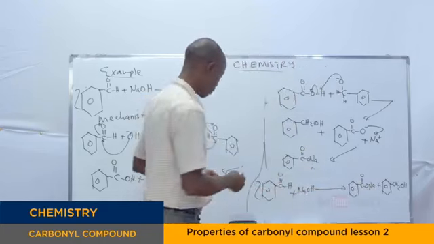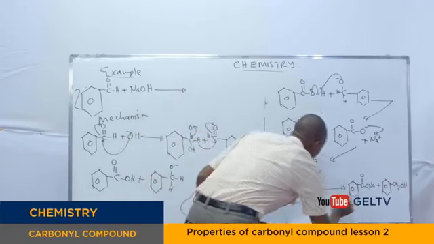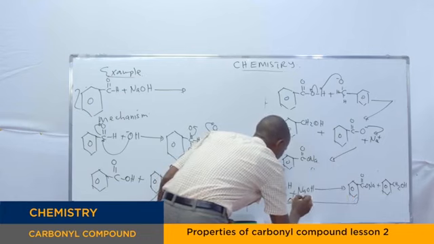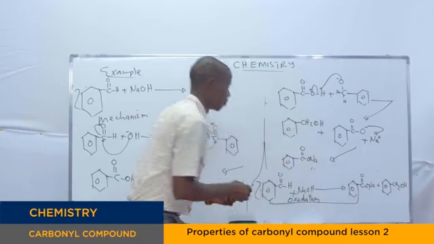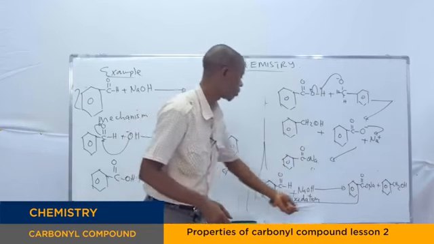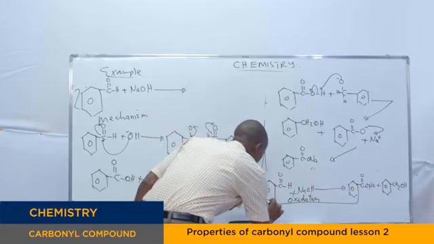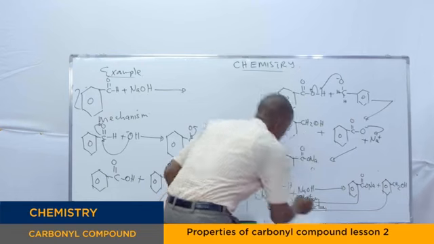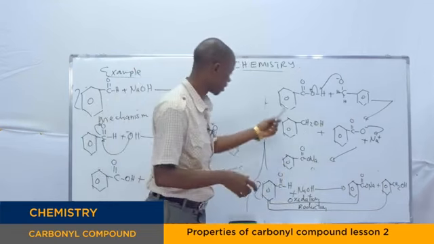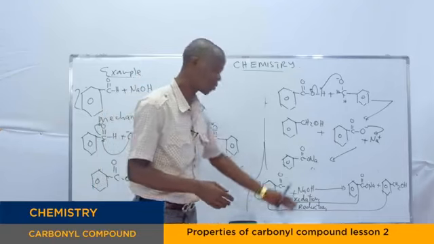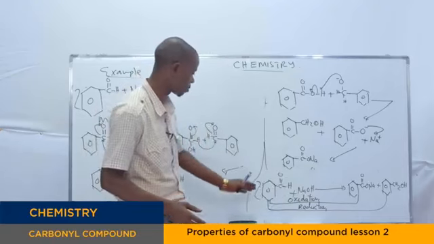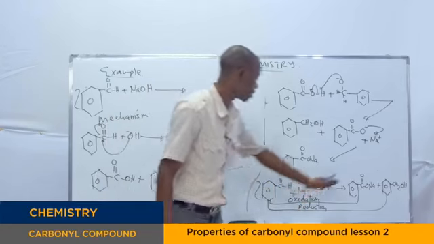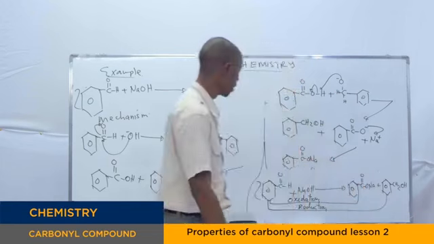So what you can see, my dear student, is that this one can be oxidized into the carboxylate salt. So benzaldehyde can be oxidized to the carboxylate salt and also can be reduced into alcohol. This is reduction. That's why I said at the beginning, in the Cannizzaro reaction we get the concept of disproportionation reaction. That means oxidation and reduction are taking place simultaneously. So this is the way you can see, and these are the products that can be given.